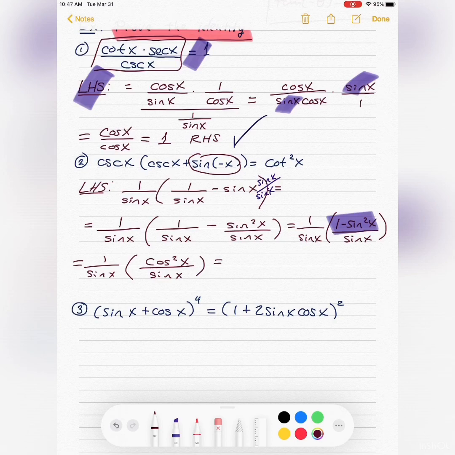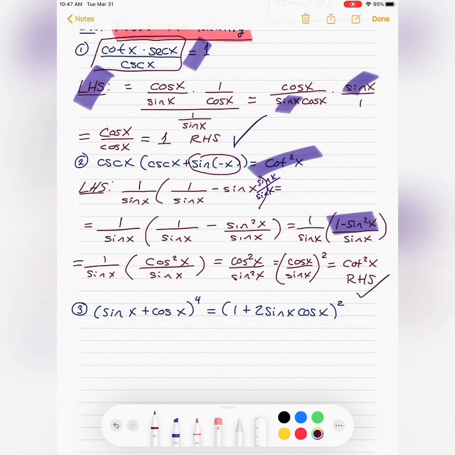Multiply straight across. Cosine squared over sine squared. Well, that's cosine x over sine x, quantity squared, right? So that's cotangent squared. Okay, look back up here. Indeed, that was my right-hand side. So I'm going to give that a check mark. I have proven that identity.